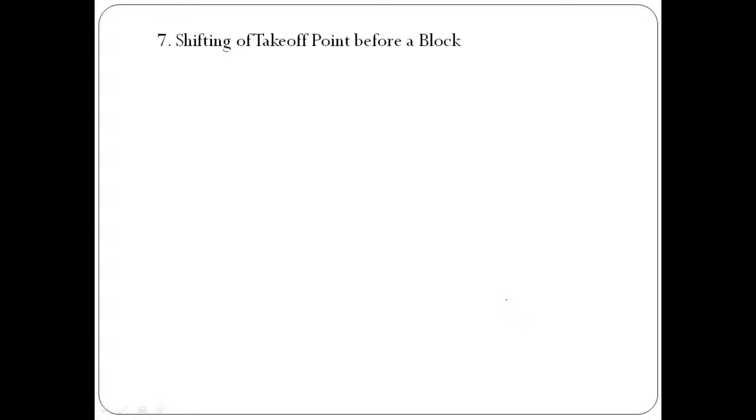So the rule number 7, shifting of takeoff point before a block. Again, we need to take some cases. Here we have a system where we connect a block of gain G, and to that we apply some input R1(S), and we have a takeoff point. This indicates the takeoff point, and through this takeoff point we have taken some signal for feedback purpose, and the signal is R2(S).